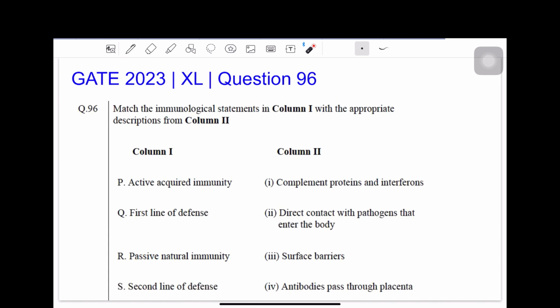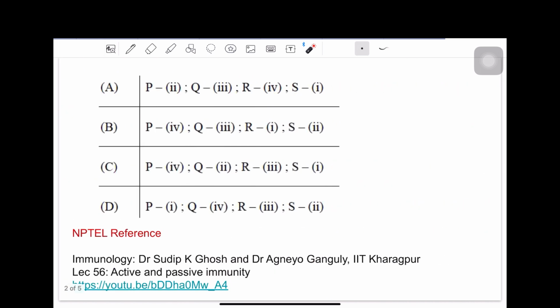So T can be matched with 2. Now let's look at the options. P, if we match it with 2, there is one option, that is option A, where P is matched with 2. In the rest of the options, P is not matched with 2. So we can say that option A is correct, but let's match the other terms also.